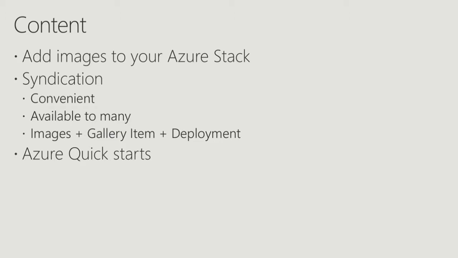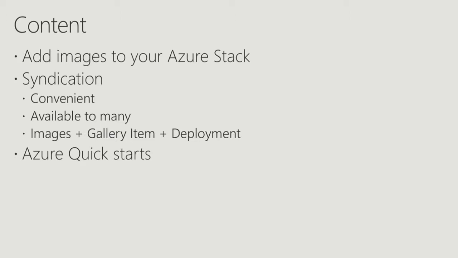Content can be added to Azure Stack in many ways. A tenant can add content, as any of you can add content to your subscriptions in Azure. You can create a storage account, upload a VHD, and create VMs out of those VHDs. But also, what is super cool on Azure Stack, and I'm going to show you in a bit, is syndication. The nice thing about Azure Stack is it's Azure, but you get to run it.